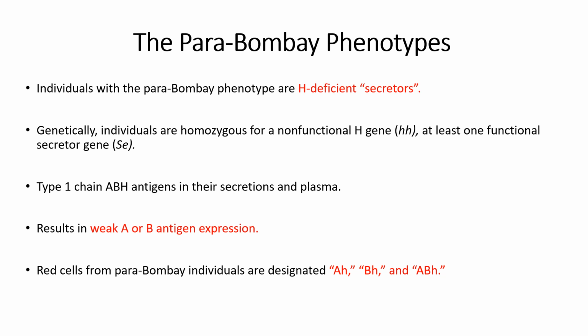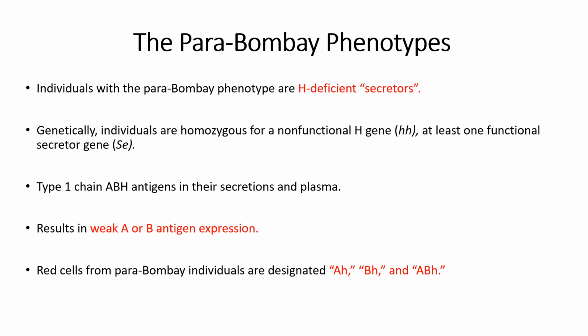Sometimes from the secretions or the plasma, this H antigen gets absorbed onto the red cells. So when you do the reaction and test for these blood groups, you will see some weak reaction. So that is a Para-Bombay from H deficient secretors.